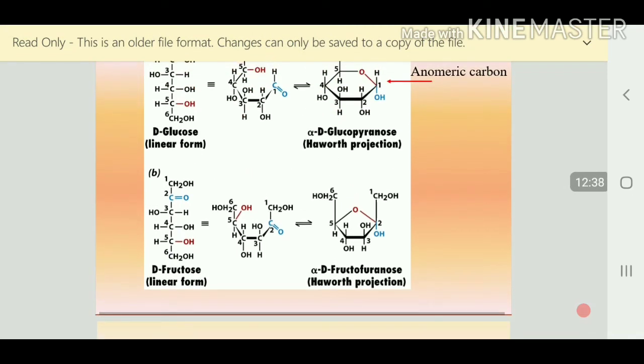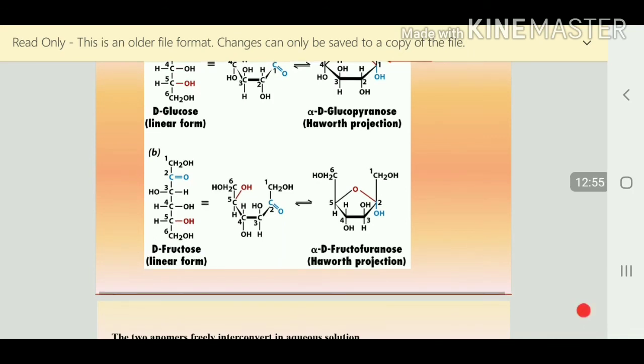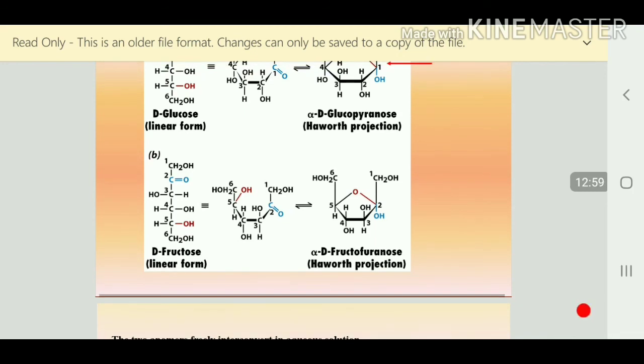Similarly, see the structure of fructose. Here the OH of the 5th carbon is forming a bond with carbon atom number 2, and a 5-membered ring structure resembling that of furan is formed. So this is called alpha D fructofuranose.